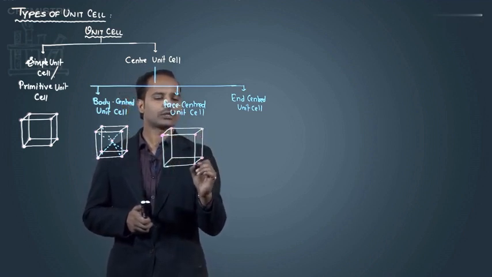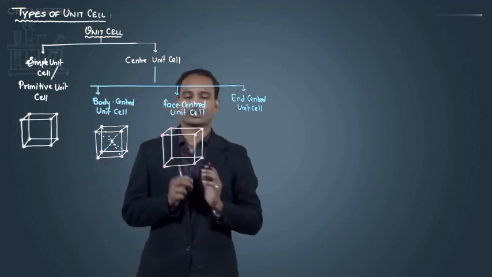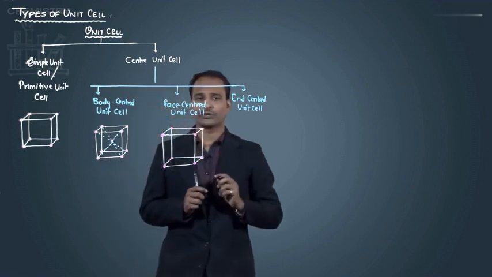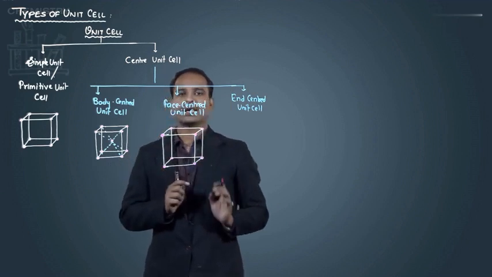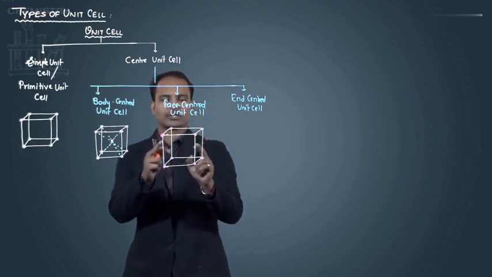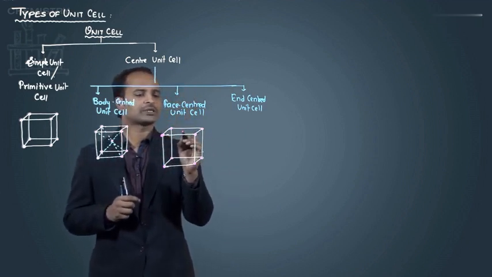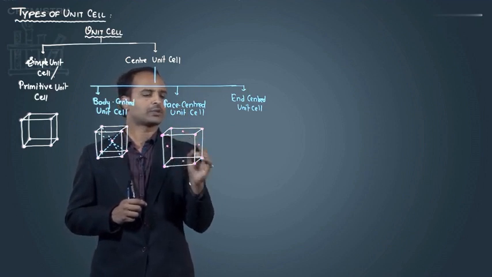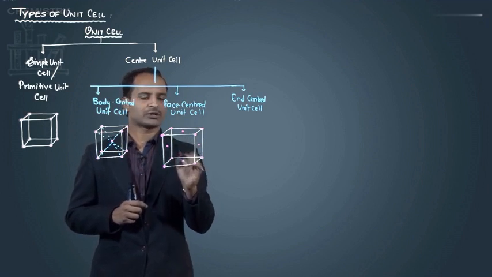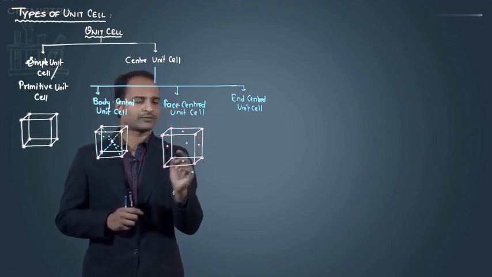In addition to the corners, the particles are present at the center of the faces. That's why the name is face centered. If I have this cubic unit cell, then we have a total of 8 corners and 6 faces: top, bottom, left, right, back and front faces. The particles are present at these 6 faces also. These are the particles: the top face center, bottom face center, left and right face centers, the back face center, and the front face center.